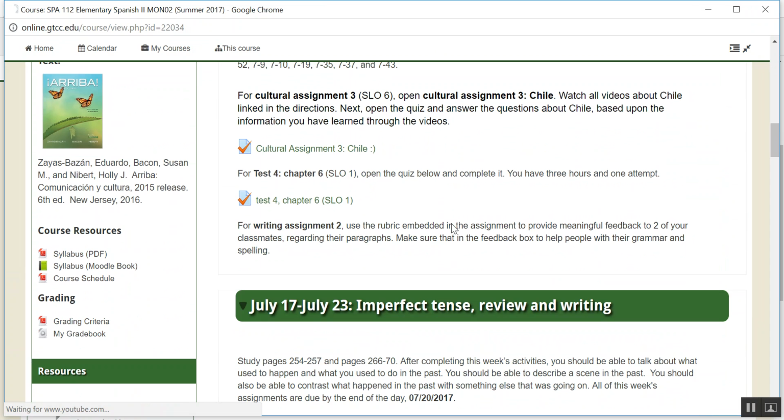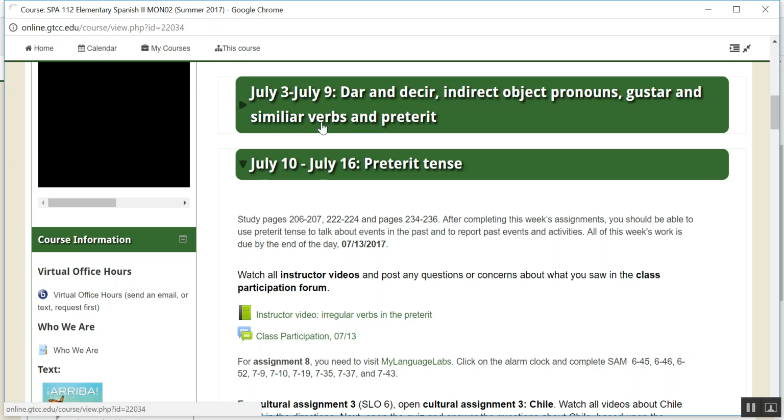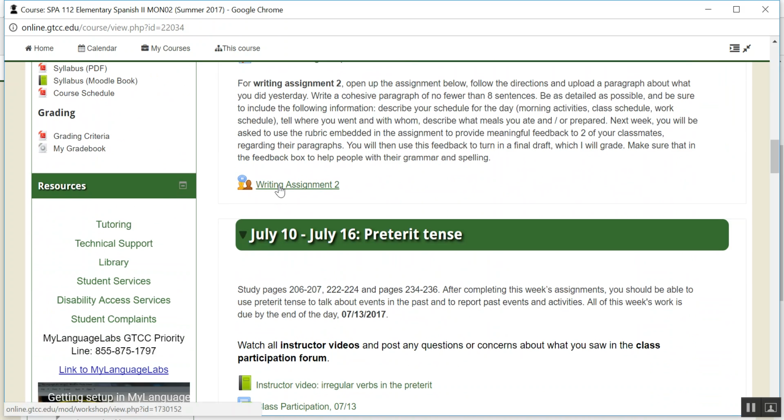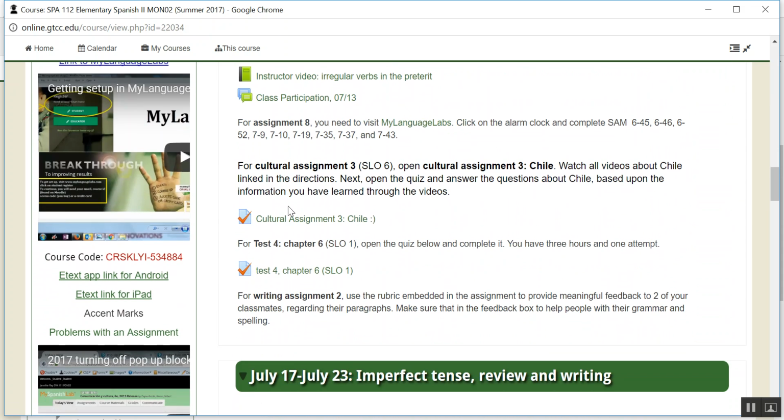Okay, so what else do we have for this week? Writing assignment 2. So the writing assignment that is in here, once everyone's completed it, I'm going to move it down to here. You'll open it up and you will see two other people's writing assignments, and you will be able to see the rubric, and at that point you need to score them.